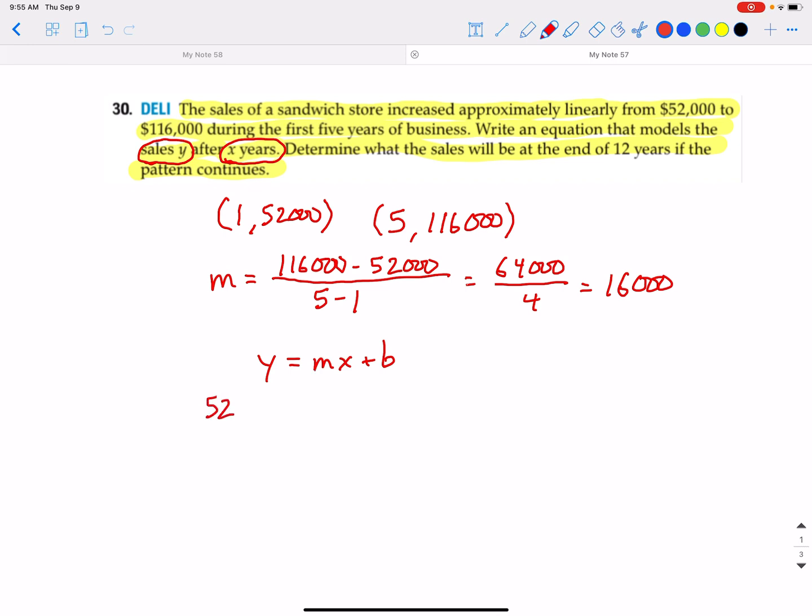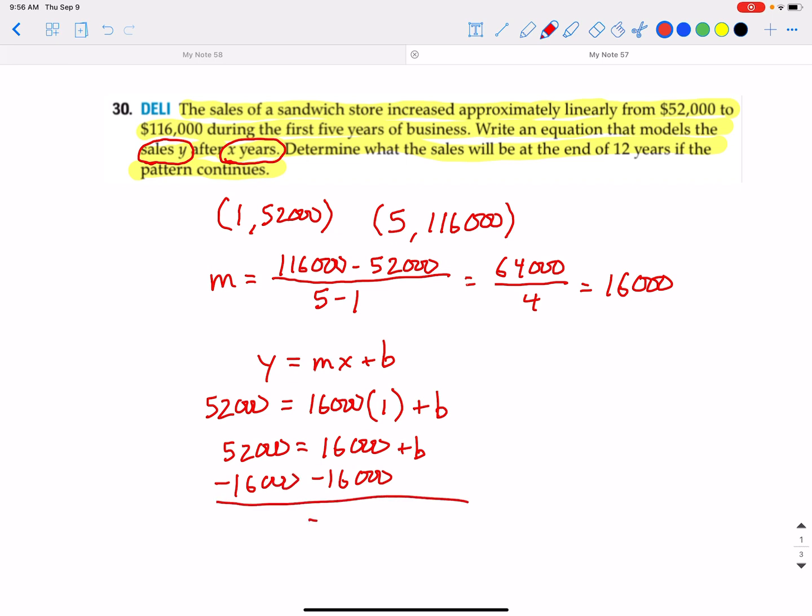So 52,000 equals the slope we just found, which is 16,000, times its x value, which is 1 plus b. 16,000 times 1 is just 16,000. And then we would subtract that 16,000 from both sides to solve for b. So we get b equal to 36,000.